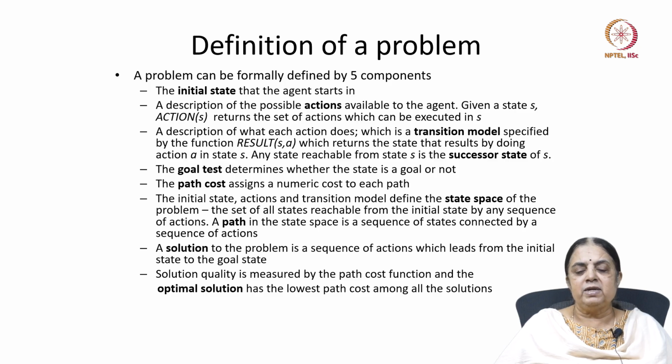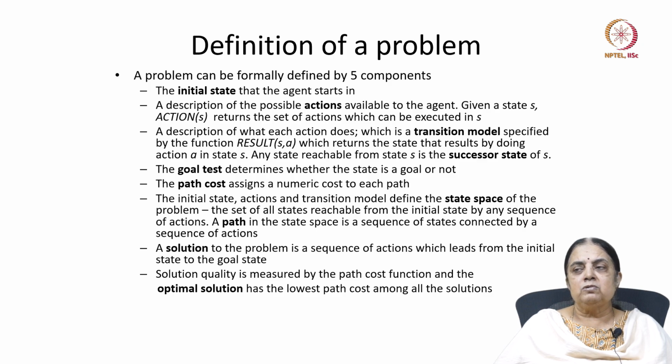So, let us define the problem. How do we get the problem definition? First of all, we have to say what is the initial state, that is the state in which the agent starts, and a description of all the possible actions that can be taken by the agent.